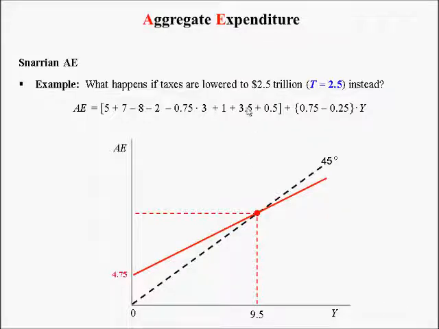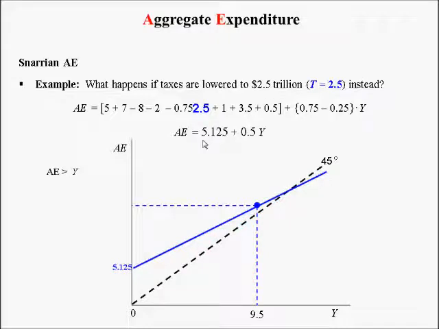So instead of this going up from 3.5 to 4, the T goes from 3 to 2.5, right? So how does this affect aggregate expenditure? Well, the intercept rises from 4.75, what it was, to 5.25.